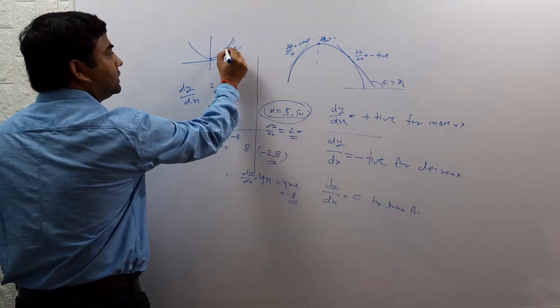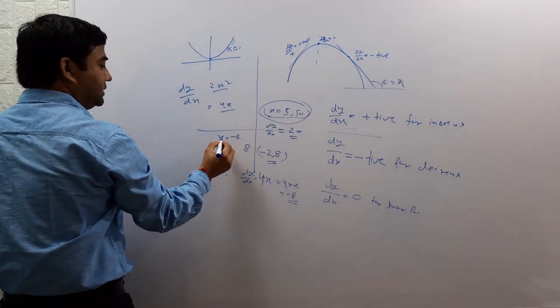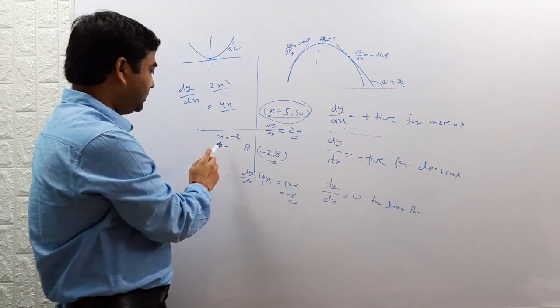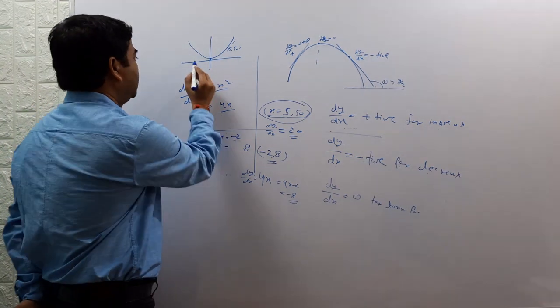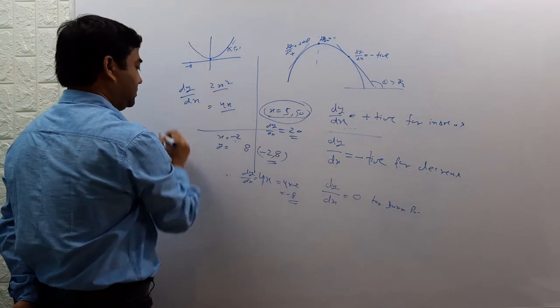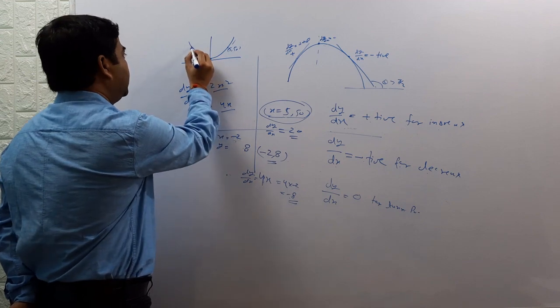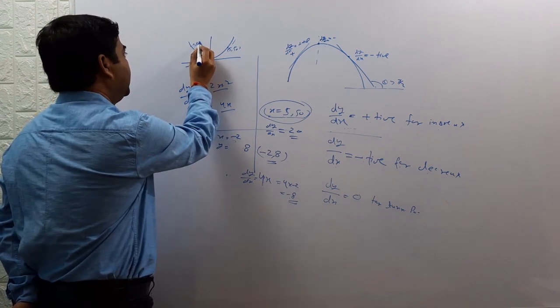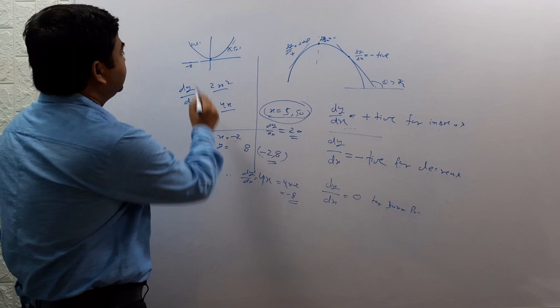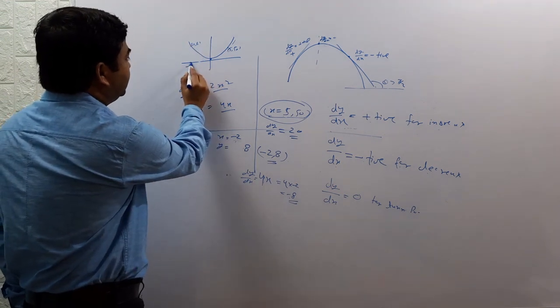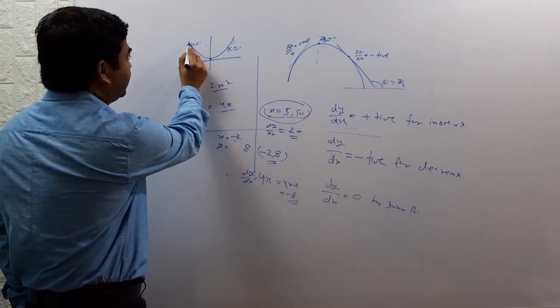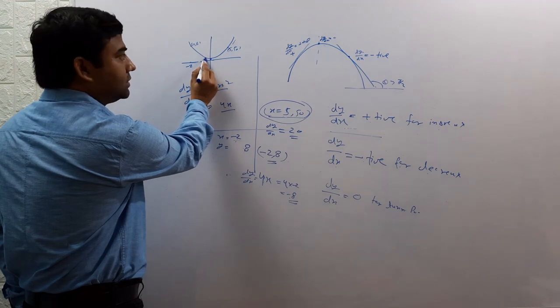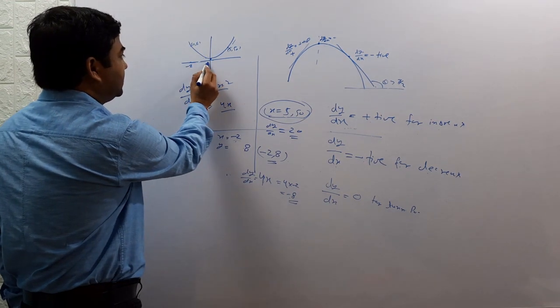With increasing value of x, the function is increasing. Whereas when you put x equal to minus 2, at this point minus 2, 8, the function is decreasing. When you increase the value of x, the value of y is decreasing. From the graph you can see.